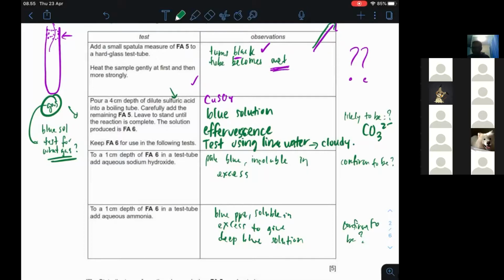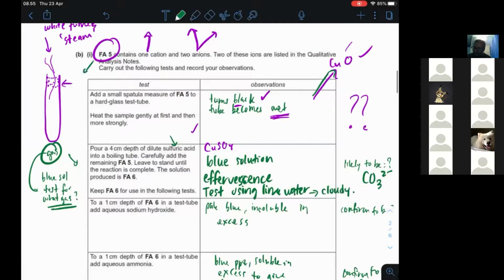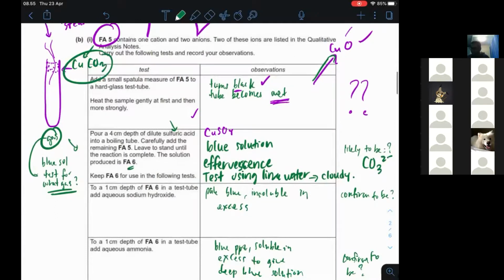So here you are taking Fa6. Now, Fa6 is where you are adding copper. We are suspecting it might be copper carbonate. Using Fa6, copper carbonate plus sulfuric acid will give you copper sulfate plus carbon dioxide, which is tested over here, plus water.